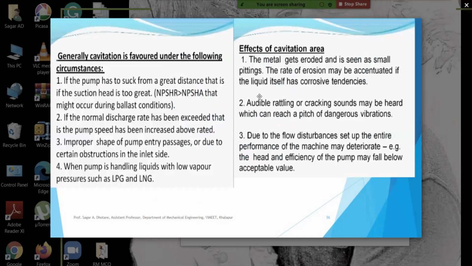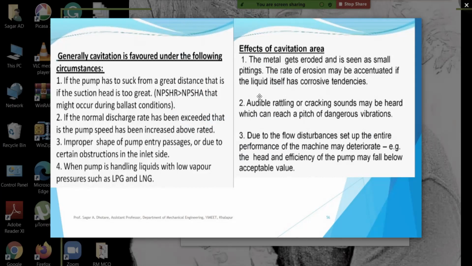Now, generally, cavitation is formed under the following circumstances. If the pump has to suck from a great distance, that is, the suction head is too long, then NPSHR is greater than NPSHA.